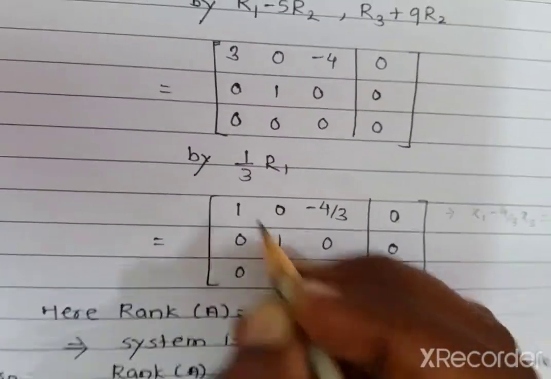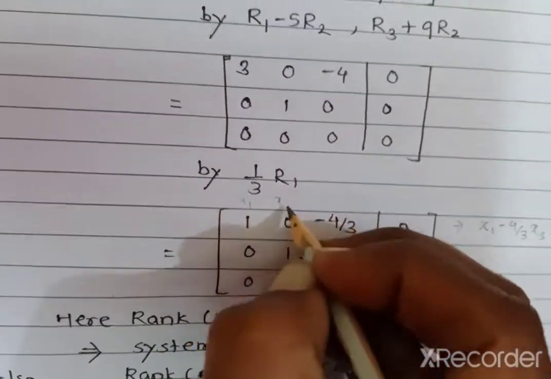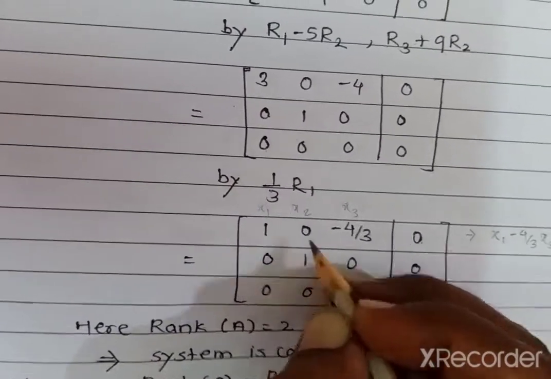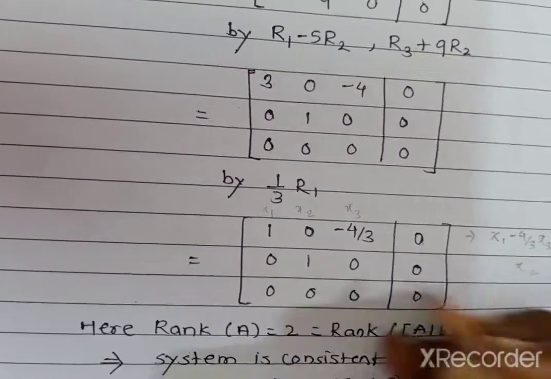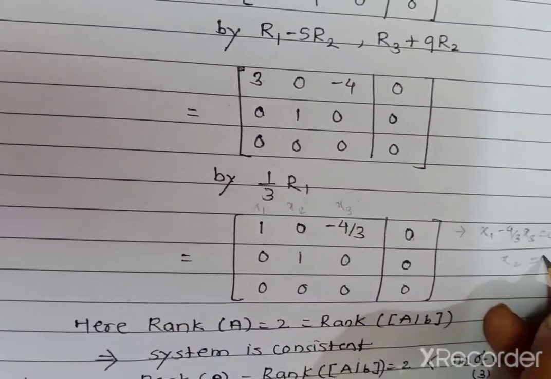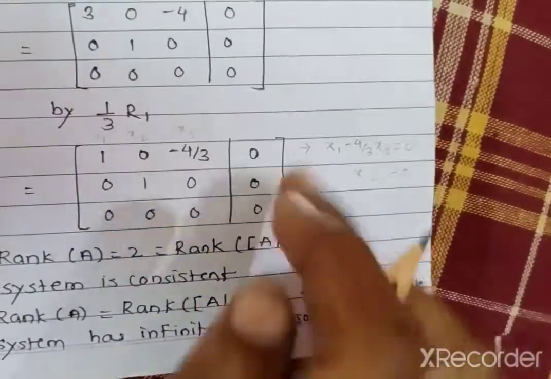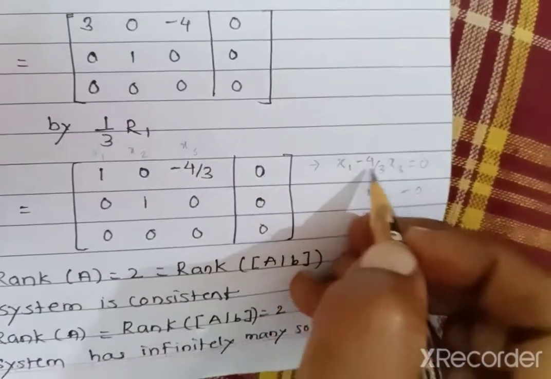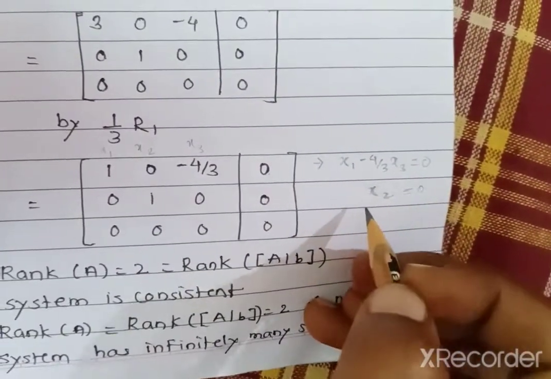Next one, the first column is for x1, second x2 and third one x3. So here 0, 1 into x2 is x2, here is a 0, which is equal to 0. So we write down that equation: x1 minus 4 by 3 into x3 equal to 0 and x2 equal to 0. We may write down here.